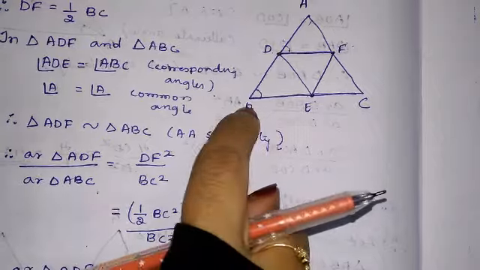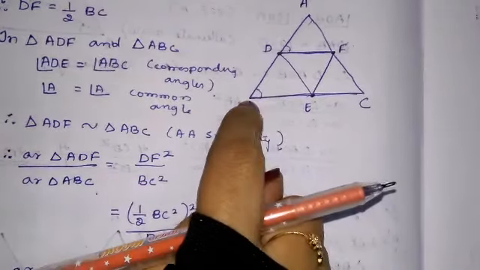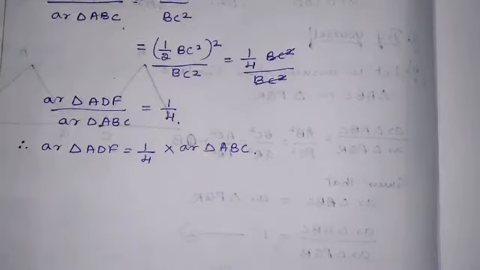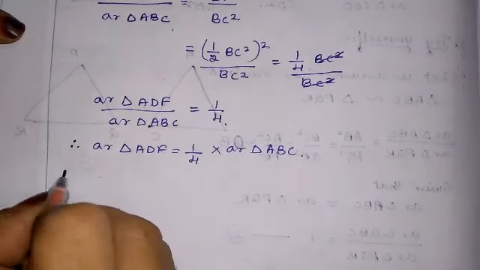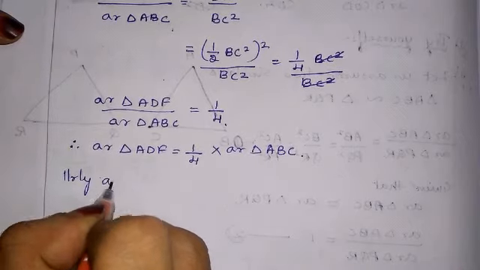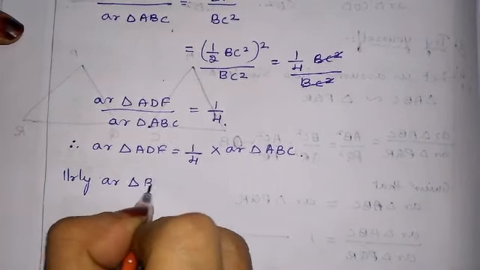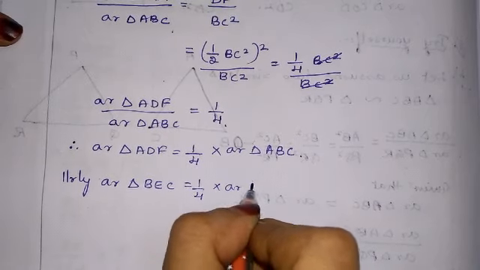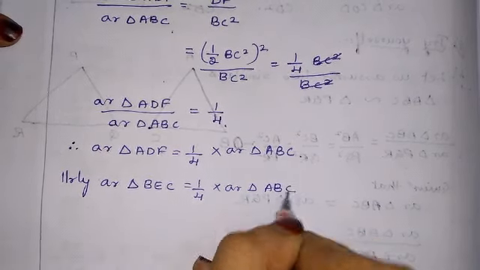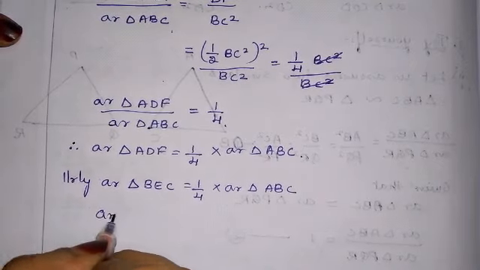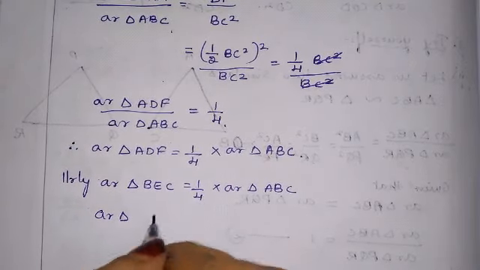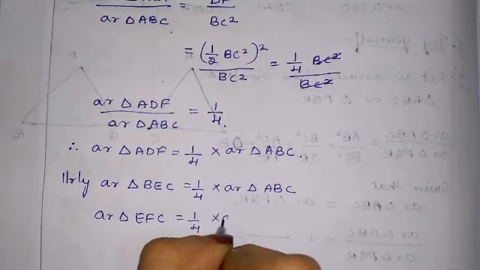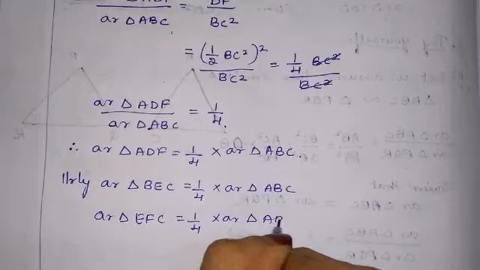Similarly, BEF is 1/4 of BCA, and the proof is exactly the same, so I will not prove it; we have to write directly. Similarly, area of triangle BEC is 1/4 of area of triangle ABC, and similarly area of triangle EFC is also 1/4 of area of triangle ABC.